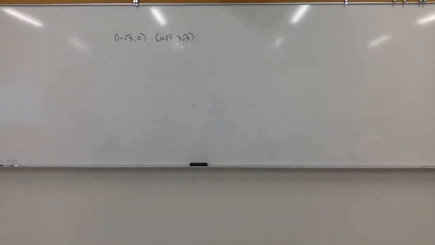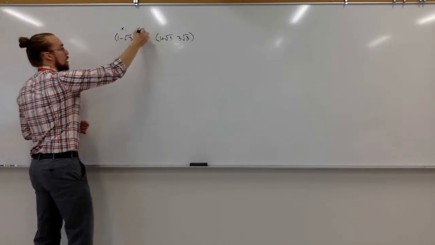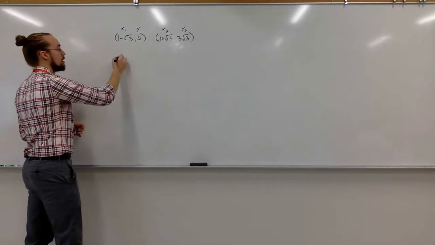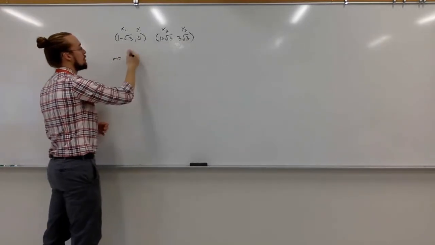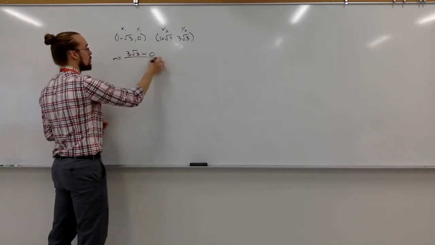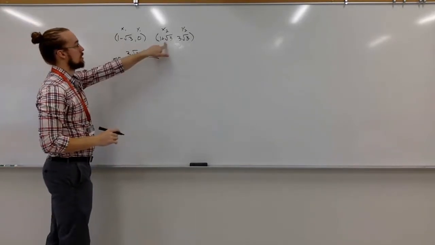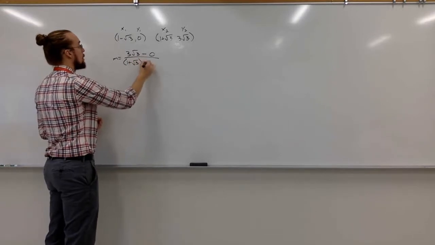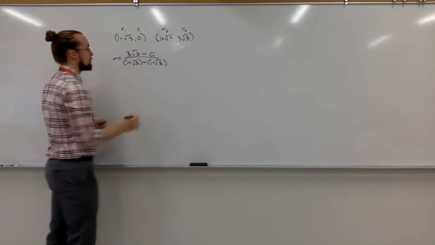So we can just label them x1, y1, x2, y2 and plug them in. So y2 minus y1, that'll be 3 radical 3 minus 0 over 1 plus the square root of 3 minus 1 minus the square root of 3.